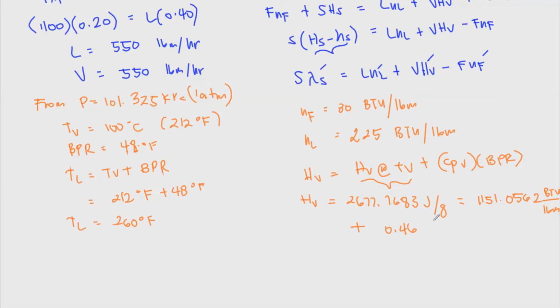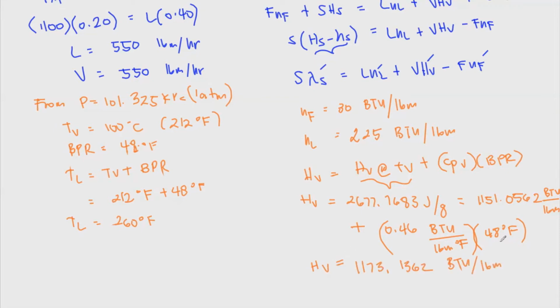So that's 0.46, British thermal unit per pound mass degree Fahrenheit. Okay, so that's 0.46, and then the boiling point rise is 48. So that's it. And the final HV that we have is this value.